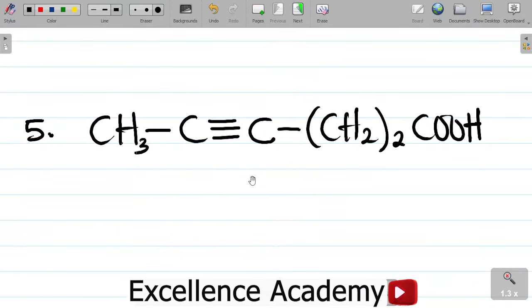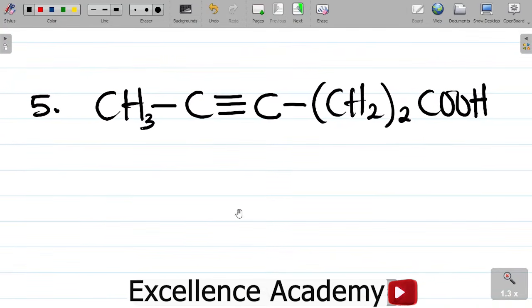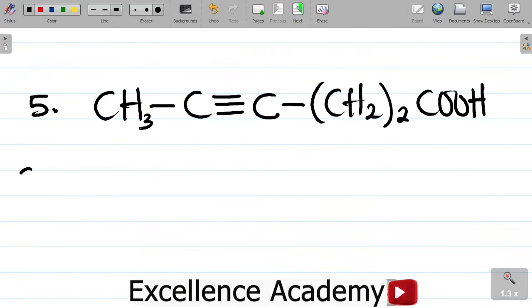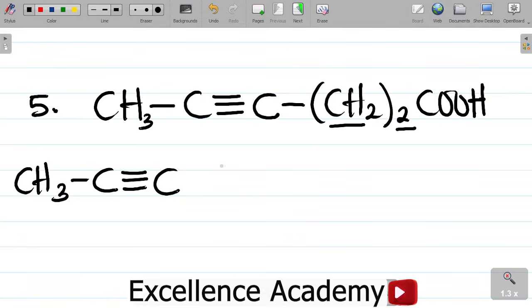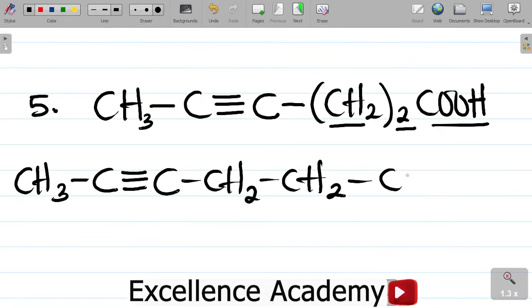From here, we want to expand this first. So we have this as CH3 single bonded to carbon, bearing the triple bond, then to carbon. You have CH2 twice. So that becomes CH2, the first one, and then CH2, the second one, and then COOH. So you have this.